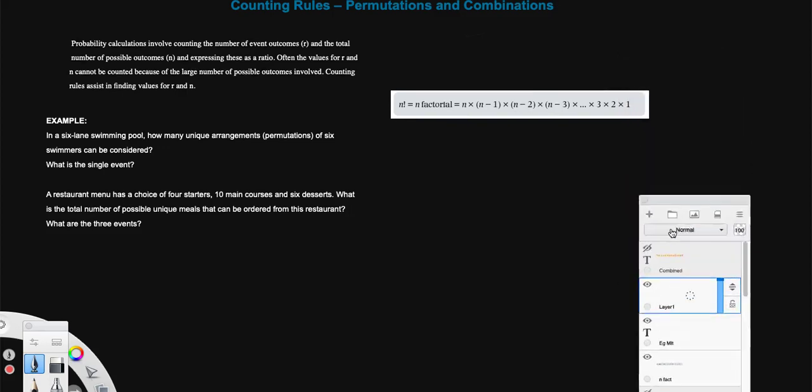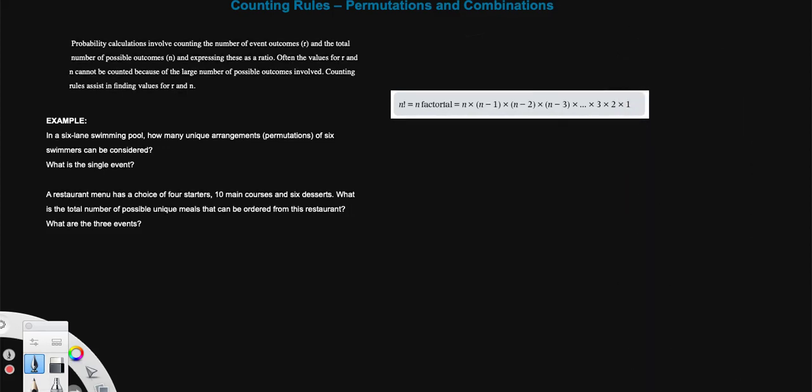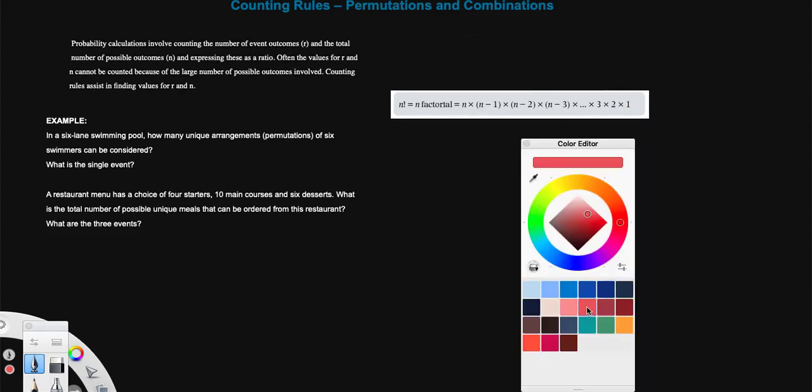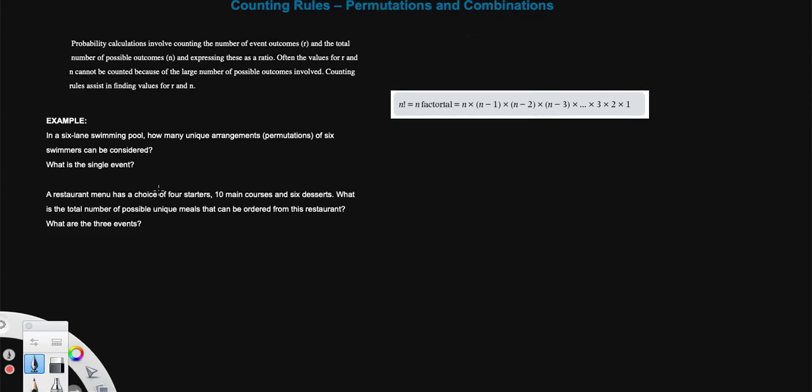Alright, so now let's look at the scenario here. Let's just read the question. They say, in a 6-lane swimming pool, how many unique arrangements or permutations of 6 swimmers can be considered, and what is the single event here? If you look at our formula here, n factorial, for this scenario, our n is equal to 6. So it becomes 6 factorial.